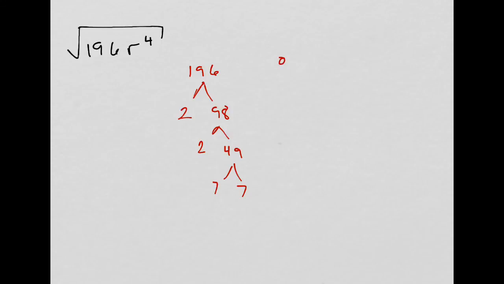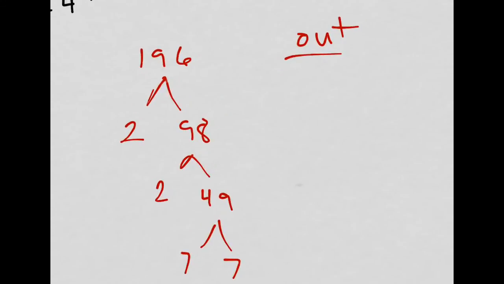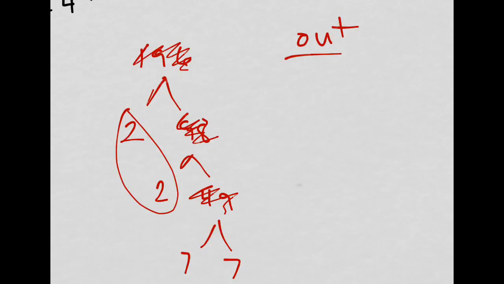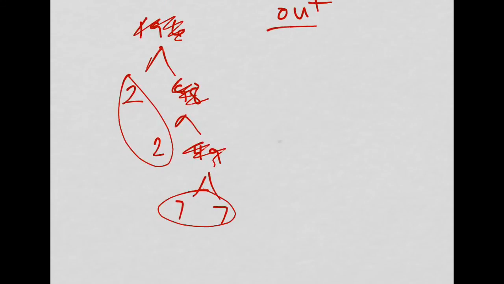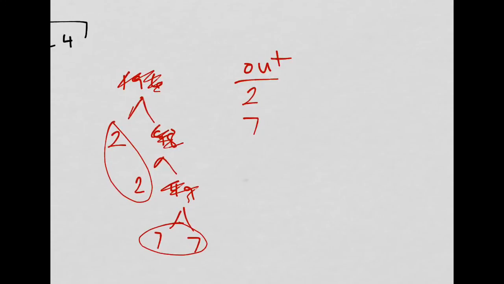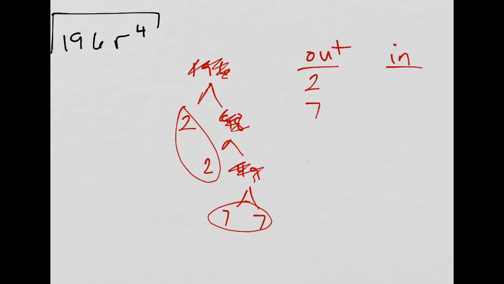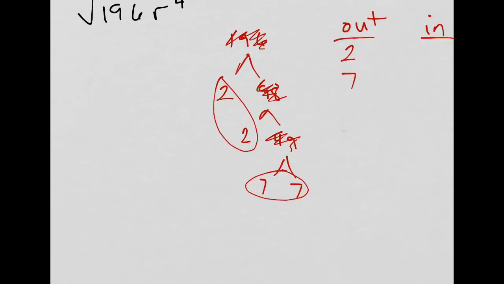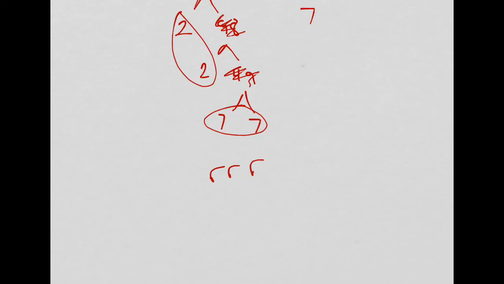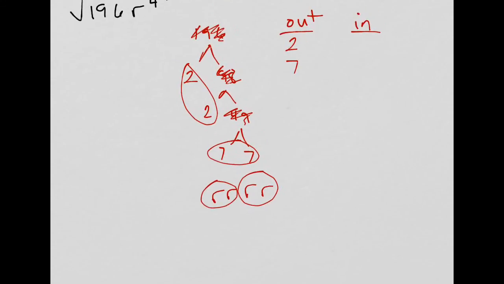Okay, outside. Remember, I don't have to pay attention to anything that already got broken down. So 2 and 7. 2 and 7. Inside, nothing yet. And then I have 1, 2, 3, 4, and I pick out pairs. Oh, look at that.